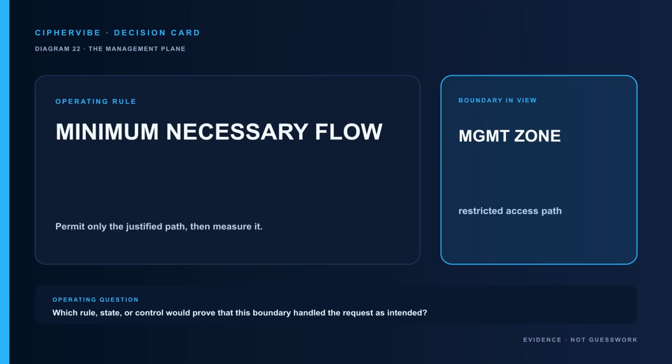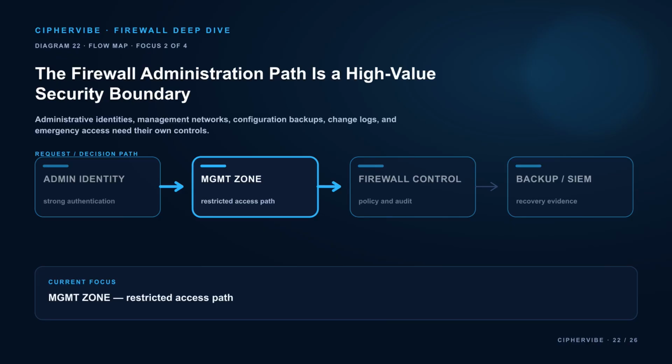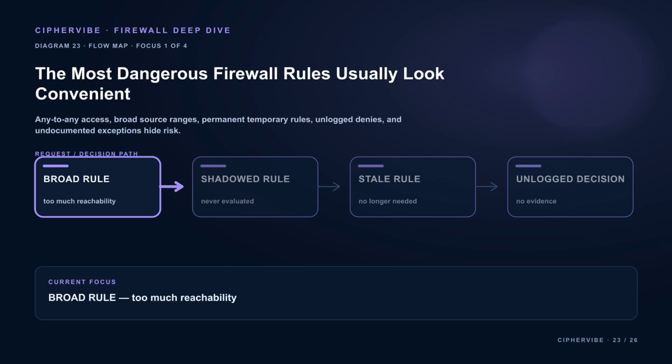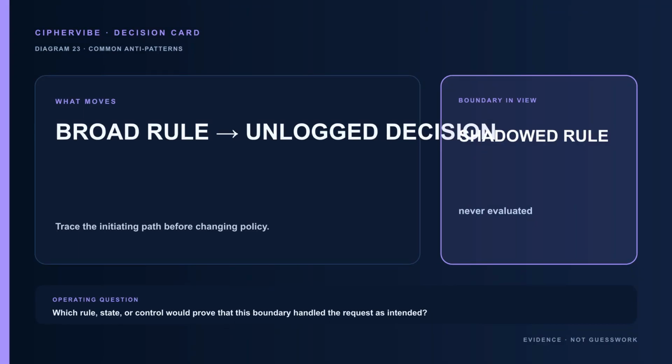For the Northstar Commerce simulation in this video, Northstar isolates management access, restricts administrators by role, sends configuration events to central logging, verifies backups, and rehearses recovery without exposing any production credentials. The practical takeaway is to make the permitted path explicit and make every exception explainable. That improves both security and recovery. Treat this as an architecture question, not a box drawing exercise. The rule, its position, and the systems around it determine the real behavior.